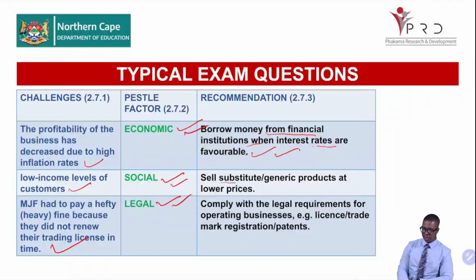Therefore, the business would have to sell substitute or generic products at a lower price so that at least customers can afford to buy those products. And then with regards to failing to comply with the trading license renewal, the business would have to do what? Comply with the legal requirements for operating a business. For example, they need to know when they can renew their license or trademark registration or patents. So that is how they would deal with that.